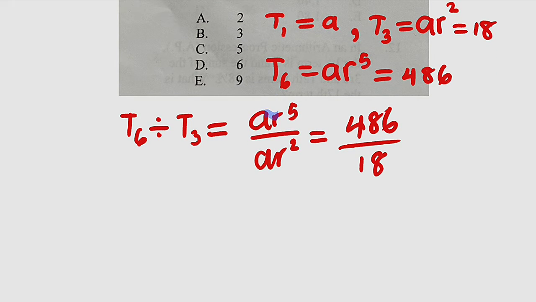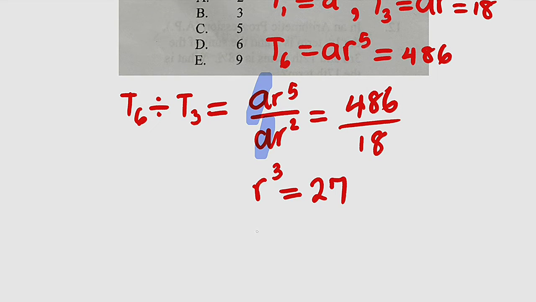So you can see that A will cancel A. R to the power of 5 divided by R to the second power, apply one of the laws of indices. 5 minus 2 is 3, so we have R to the third power. This is equal to 486 divided by 18, which is 27. You take the cube root of both sides, R would be equal to 3.